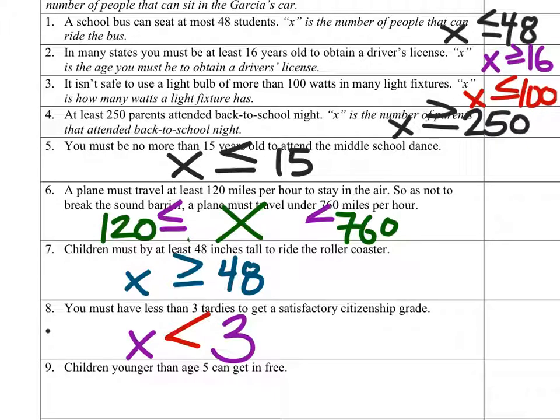I have 0 tardies. Yeah, this one cannot equal the 3, because it says it has to be less than 3. So that means that once you get 3 tardies, then you don't have that satisfactory citizenship.